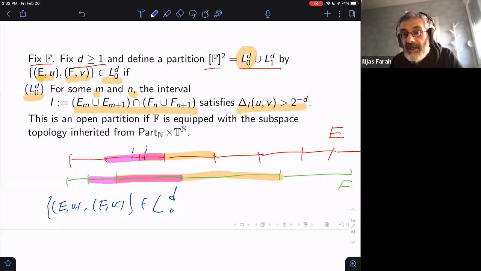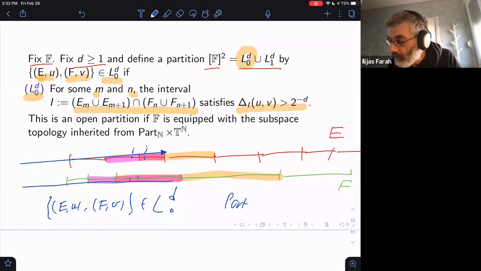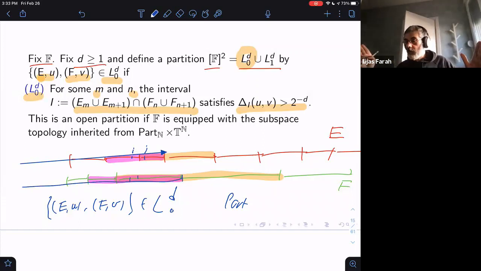Well, what are basic open sets? In the Baire space, no pun intended, I can fix any finite sequence of intervals. I just fix enough to make sure that I and J are frozen, that I know what E_M and E_{M+1} are. On the F side also, I just make sure to freeze enough of that. So I can find a basic open neighborhood of the pair (E,F) such that I know exactly what these intervals are.